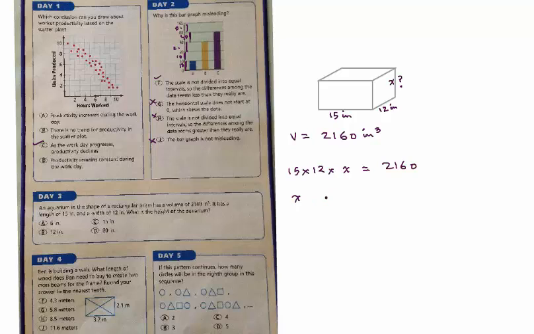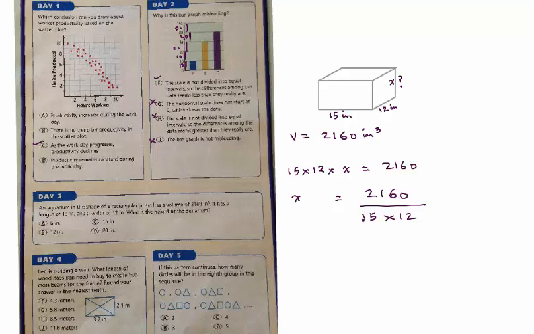Therefore X is going to be equal to, you know what to do, divide both sides with 15 and 12. Do not multiply 15 with 12. You don't need that. So this is 2160 over 15 times 12. And we could actually simplify this. As I see a common factor, you could have started simplifying with 2, but that would take more steps.